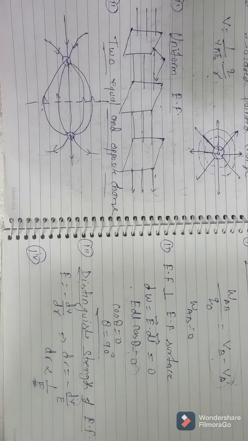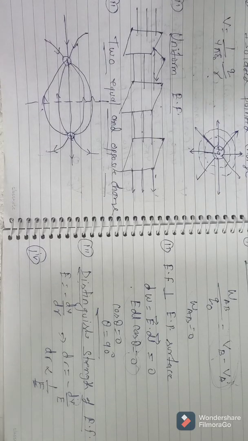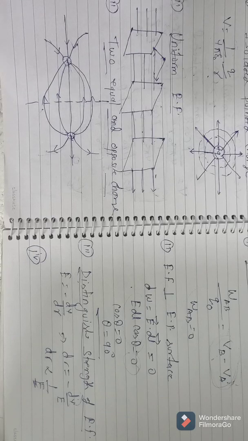Because if they do, then at the point of intersection there will be two values of electric potential at the same place because of the single charge, which is not possible. So these are the properties of equipotential surfaces.